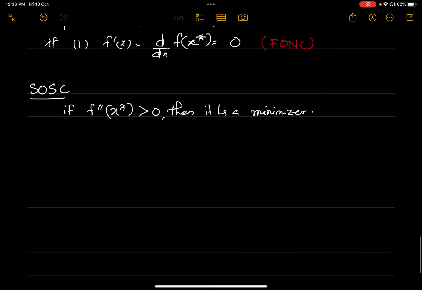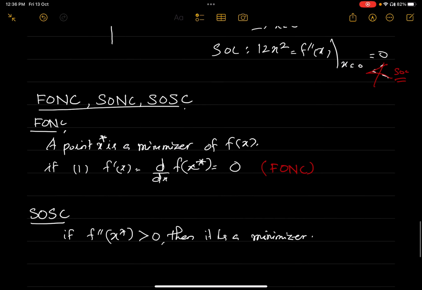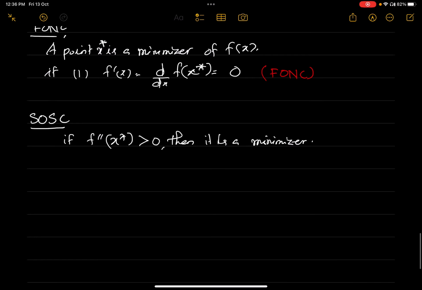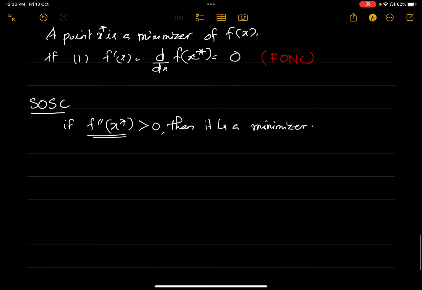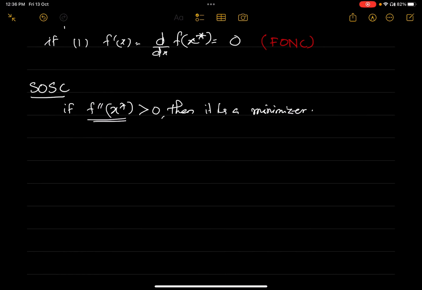Okay, so this condition, we've told over here that it is a sufficient condition, because whenever we have a point where the second derivative is greater than 0, we can say it is a minimizer for a function f of x.